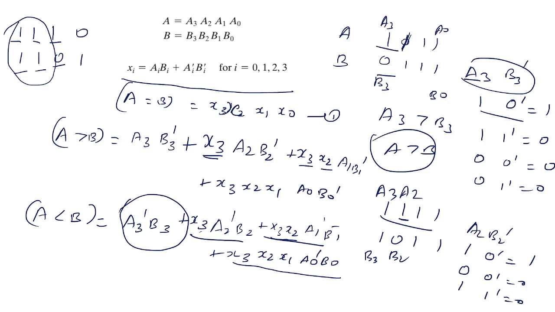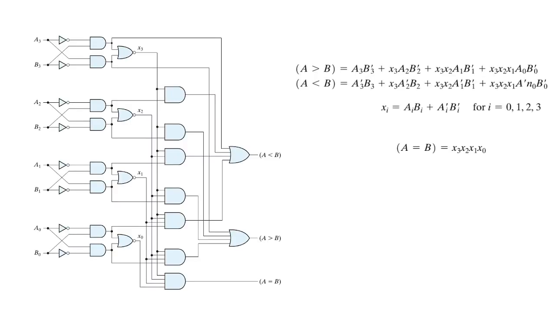Next, drawing the diagram. So drawing the diagram will be very simple. You can see that here the same part of the diagram will be repeated multiple times. See, I have A3, I have B3.